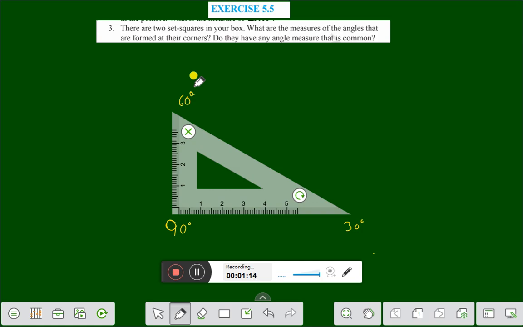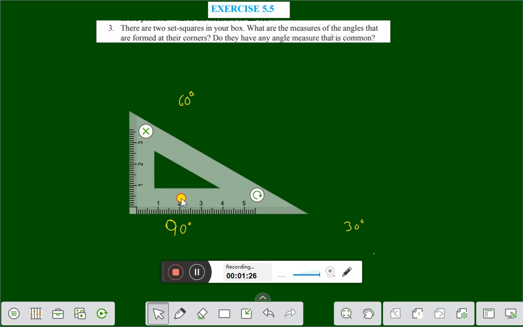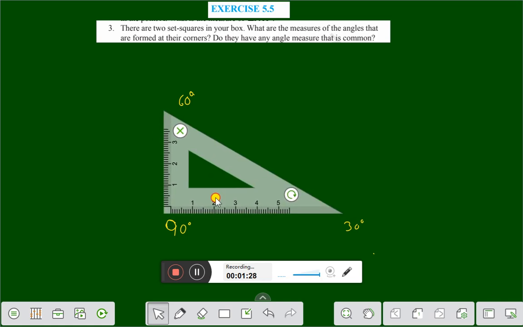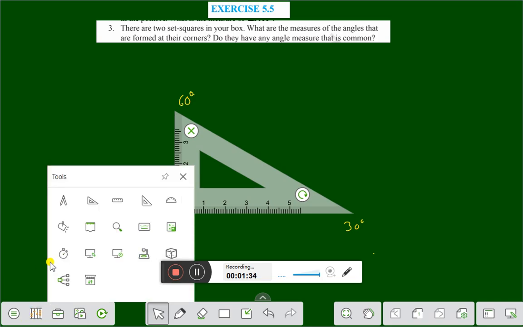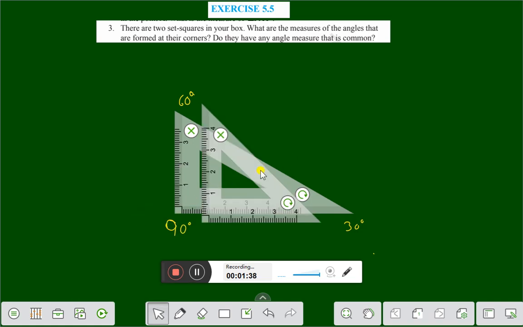Let us take another set square, right? Here you take another set square, this one.